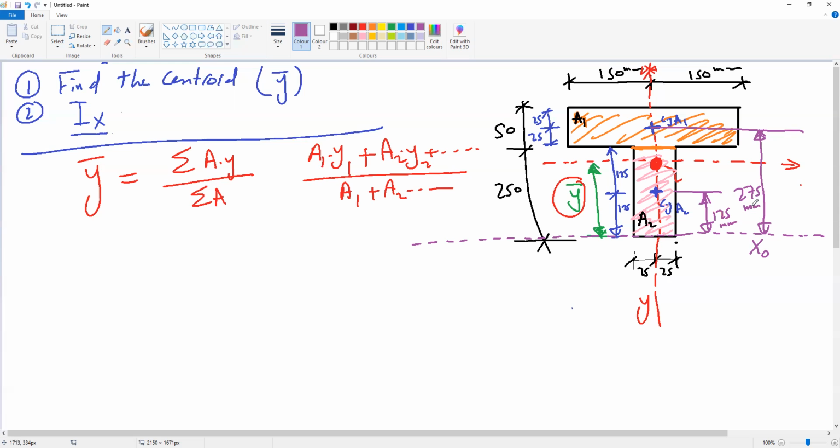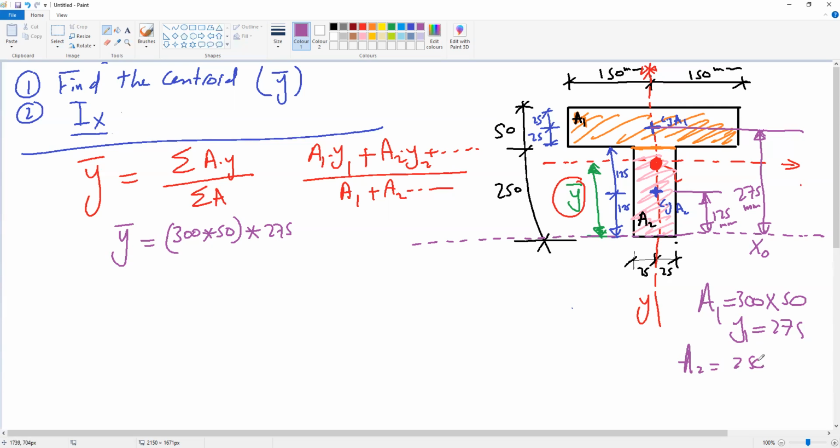So now using this formula, y bar will be A1. How much is A1? A1 is 300 multiplied by 50, and this is A1 multiplied by Y1, which is 275. A1 is 300 times 50, Y1 equals 275. A2 is 250 multiplied by 50, Y2 is 125.